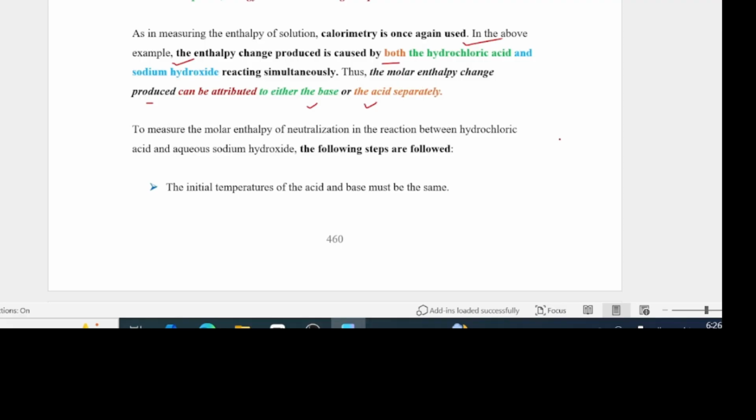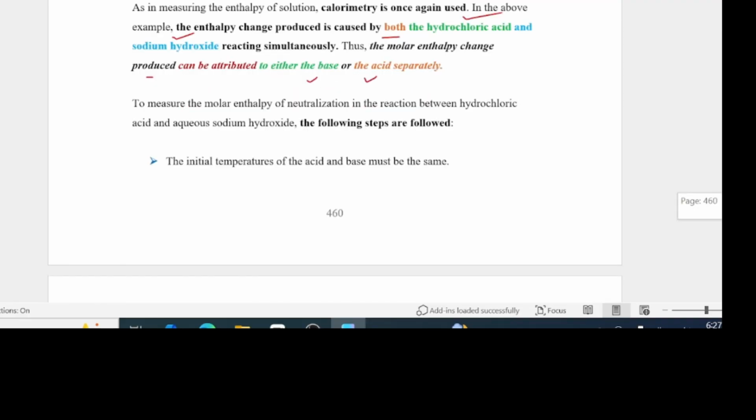It's like in a marriage between a man and a woman, a child is born. Either parent can make claim to that child. In a similar way, when an enthalpy change is produced during a neutralization reaction, either the acid can make claim to the enthalpy change separately, or the base can do the same.